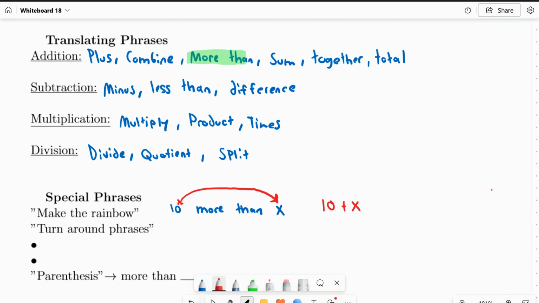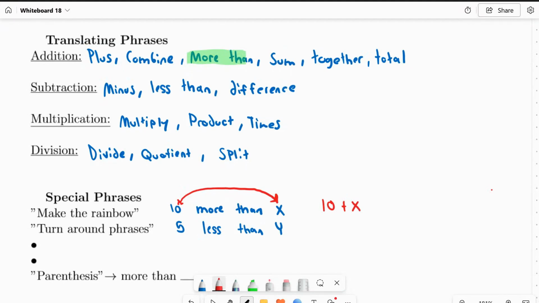We also have turnaround phrases, which an example of that would be if I gave you 5 less than y. So less than is considered a turnaround phrase. Those would include all of our subtraction or division phrases.